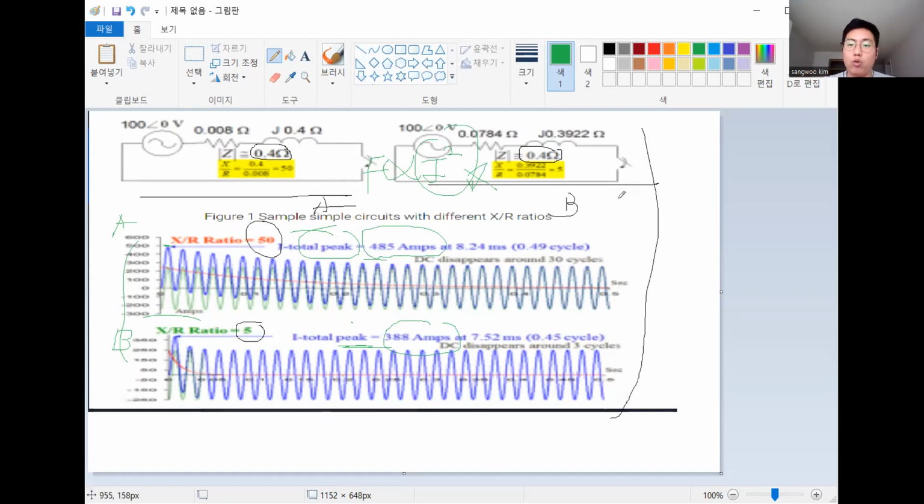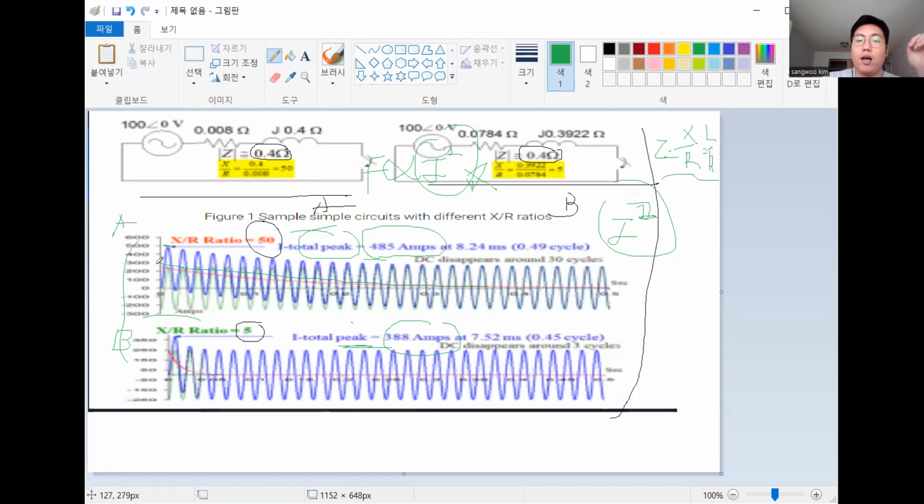Because of I squared. You know what I mean? That's why I'm saying so. So this DC offset is tau, X/R, or it has to be L/R, same as I said. That's why this is really important, because of the peak values.